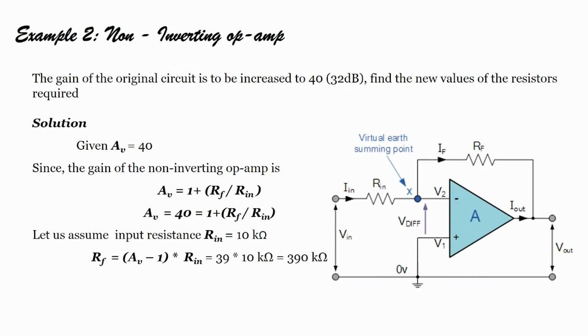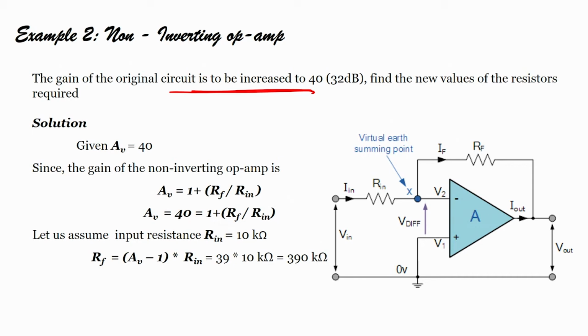So, let us solve another problem. In this problem, the gain of the original circuit is increased to 40. You see a similar example. Find the values of resistors required.